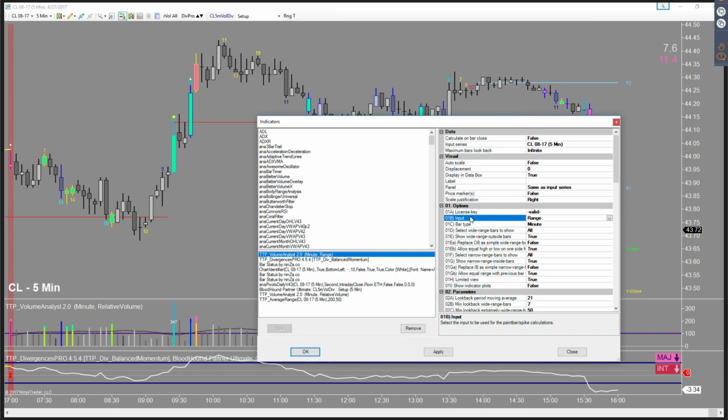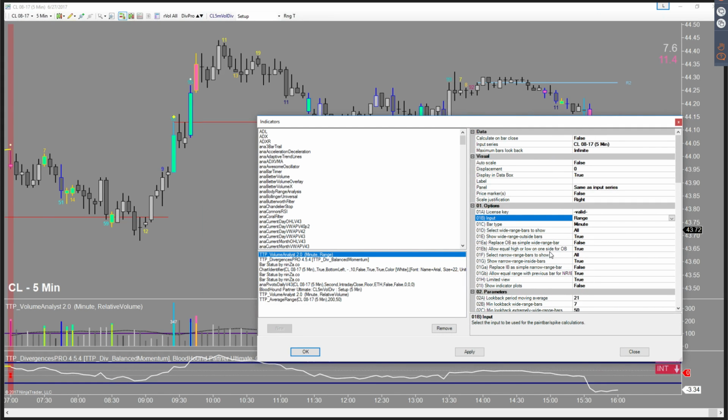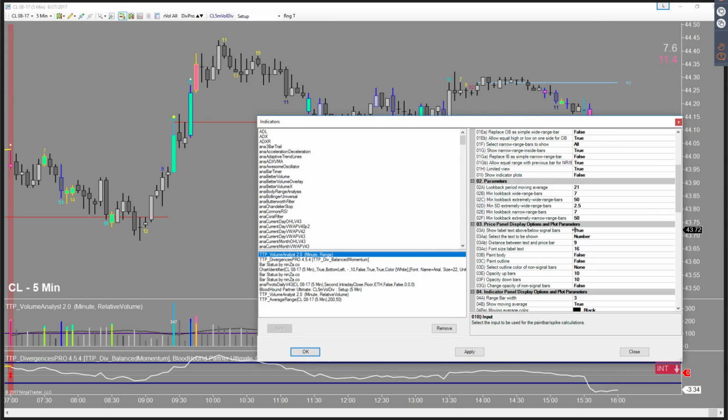Let me just show you this real fast. So for the volume analyst, you have all these different inputs here. You can do volume, relative density, range, relative range, or volume per second, all from the same instance of the indicator. Okay, with range and relative range, I completely redesigned this to look for wide-ranging bars, extremely wide-ranging bars, narrow-ranging bars, or extremely narrow-ranging bars, okay?